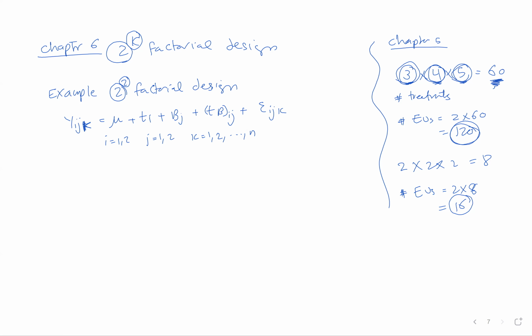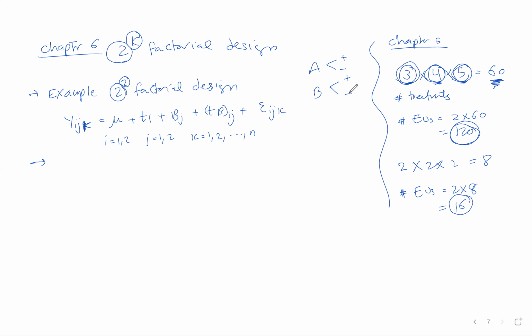And let me give you the idea of pluses and minuses. Because in this case, we have 2 treatment factors, let's say A and B. This one has 2 levels, this one has 2 levels. So these 2 levels can be written as high, low, or plus, minus.